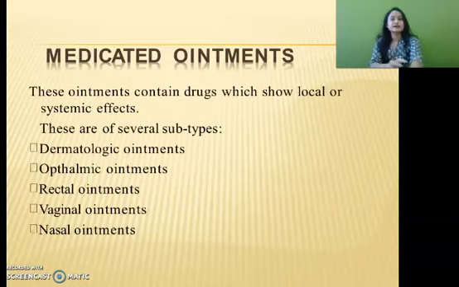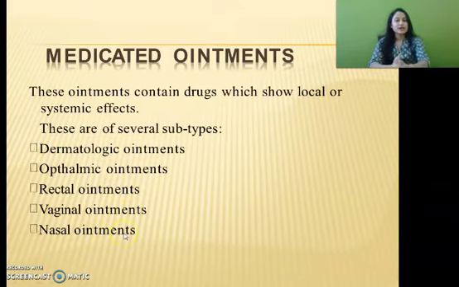Medicated ointment. These ointments contain drugs which show local or systemic effect. They have several subtypes, for example dermatological ointment, ophthalmic ointment, rectal ointment, vaginal ointment and nasal ointment. They are classified according to their use.